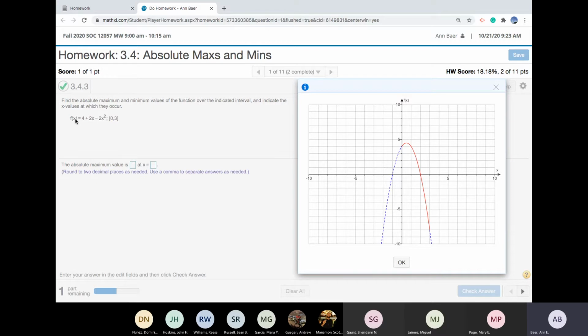But I know that 1/2 is exactly 0.5, so it might be easier to put that in here. 4 plus 2 times 0.5 minus 2 times, in parentheses, 0.5 squared. And I get 4.5. That's the y.